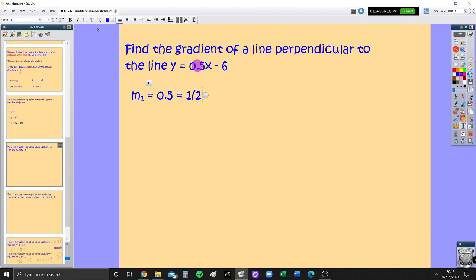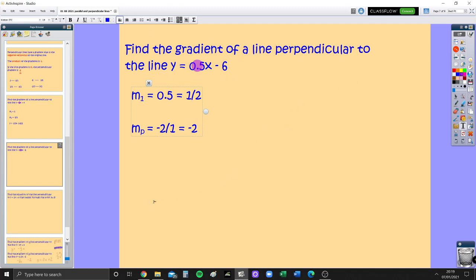So 1 over 2. And then we can have the gradient of our perpendicular line, and we're going to find the negative reciprocal of that. So that's going to be -2 over 1, or just known as -2. That's going to be the gradient of our perpendicular line. So that would be our question answer, the gradient of the perpendicular line.